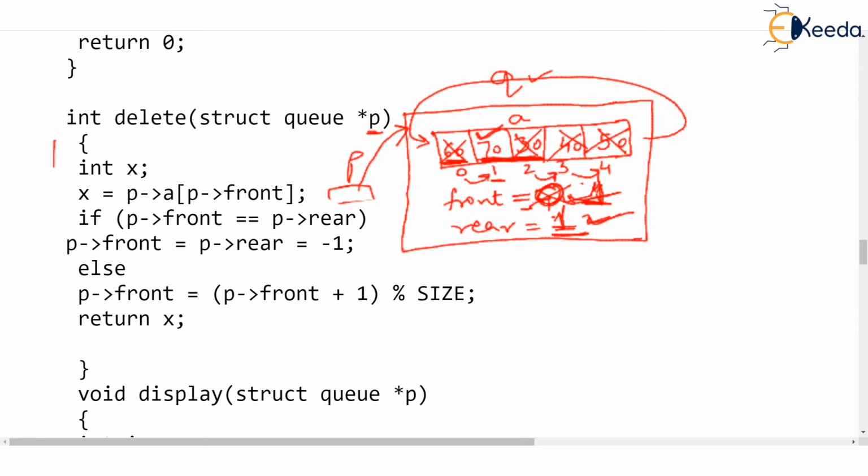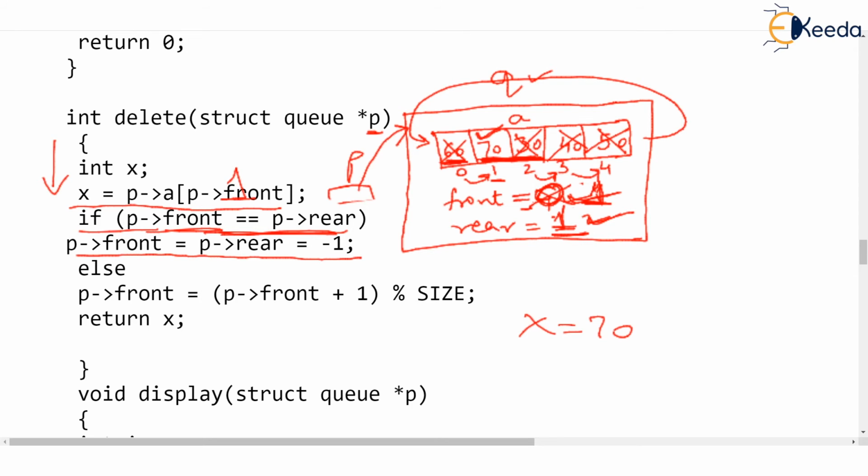If you call delete, x will be equal to 70 because front is 1 and a[1] is 70. And then we check, is p->front equal to p->rear? You note both are 1 now. What that means is there is only one element in the queue and even that is getting pulled out. So after deleting that only element pending, we should make front equal to rear equal to minus 1.